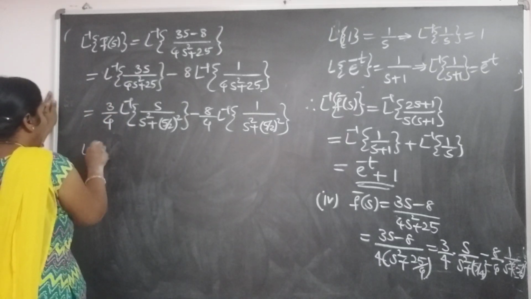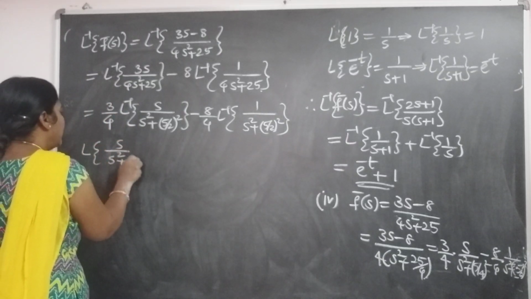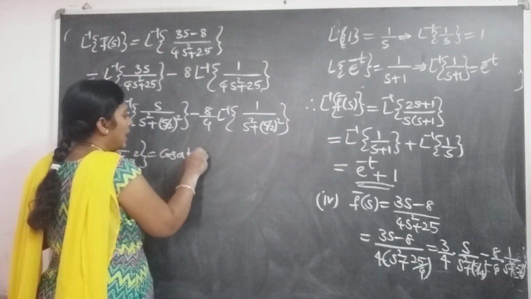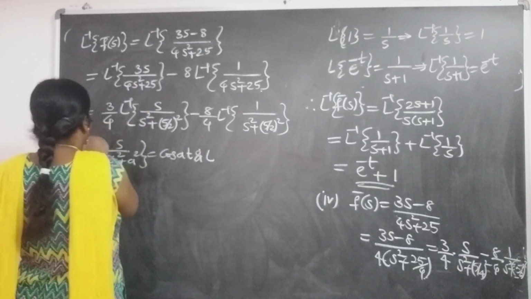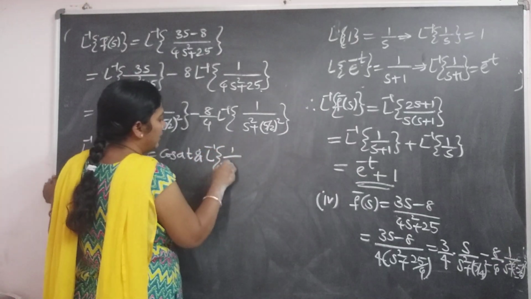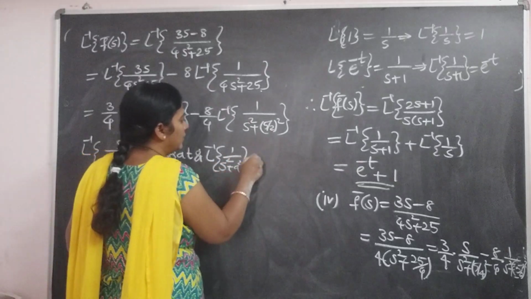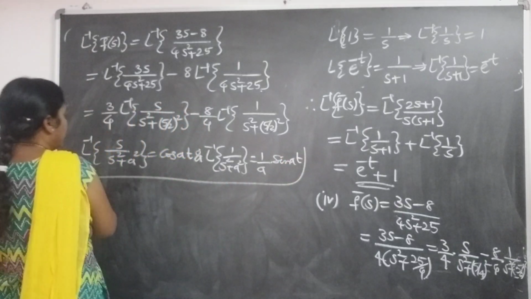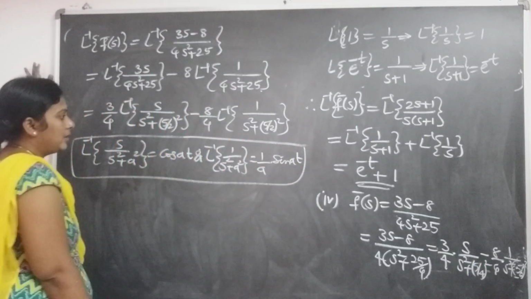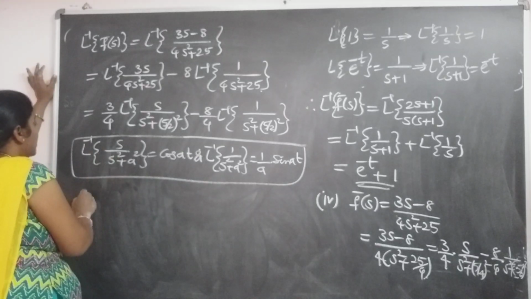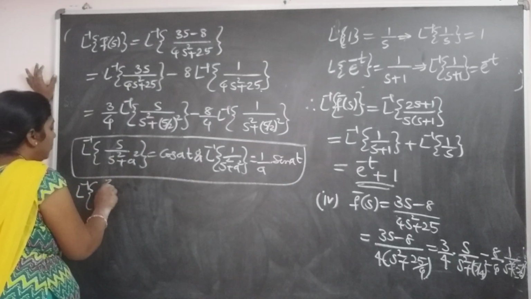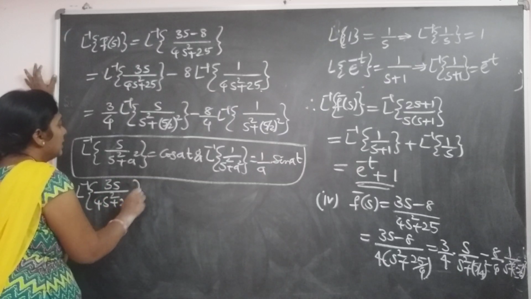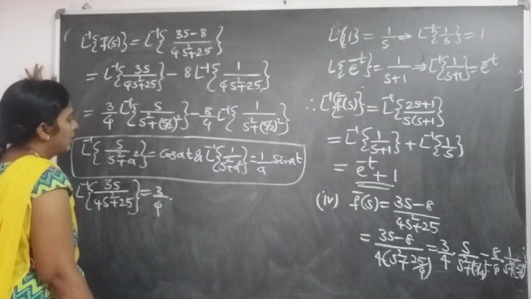We know that L inverse of s by s square plus a square is equal to cos at, and L inverse of 1 by s square plus a square is equal to 1 by a sin at. By using these inverse Laplace transform properties, L inverse of 3s by 4s square plus 25 is equal to 3 by 4 into cos at.